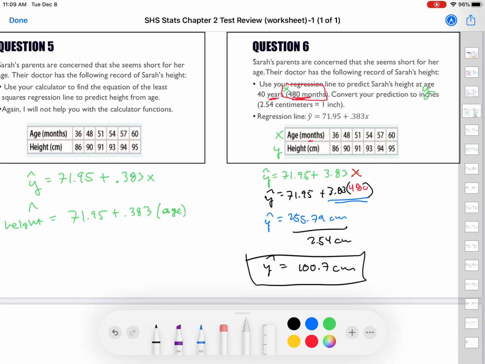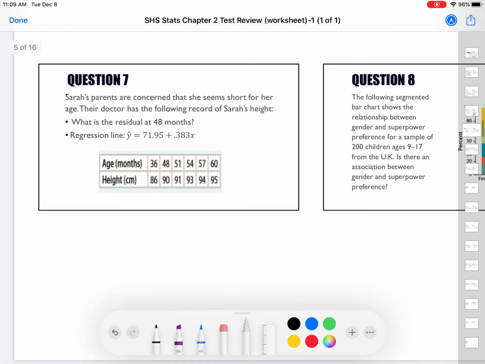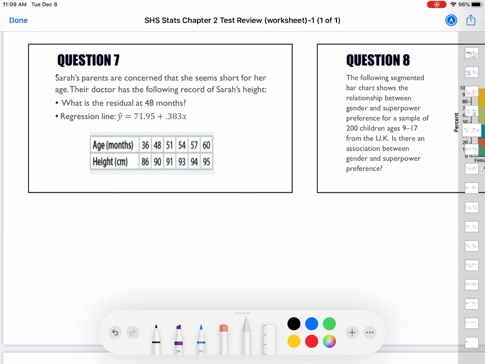I'm going to steal this because I'm going to use it again. Question number 7. Sarah's parents are concerned that she seems too short. What is the residual at 48 months?